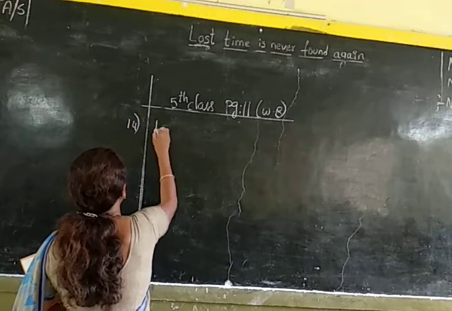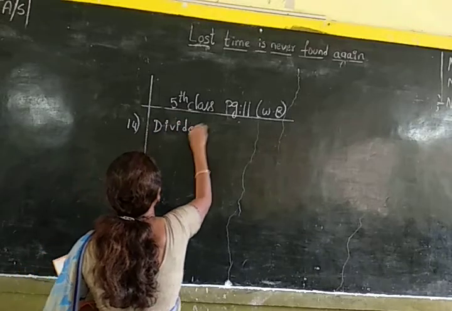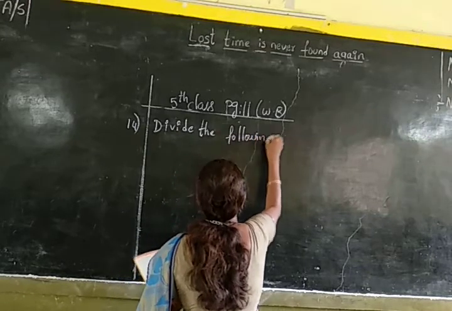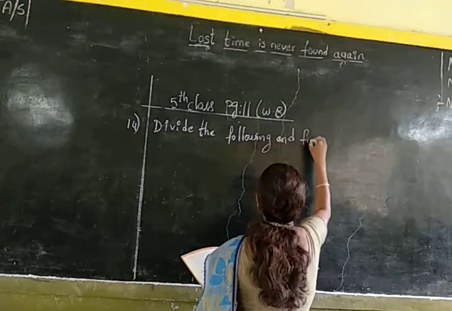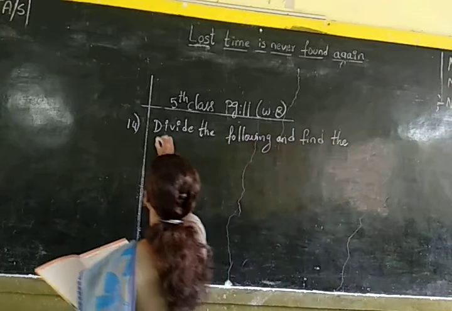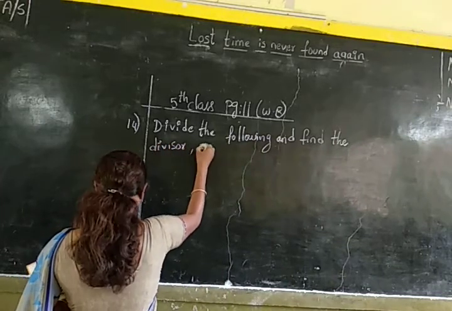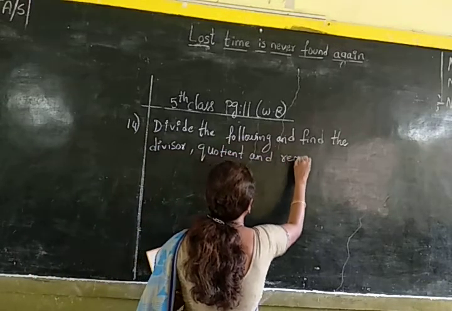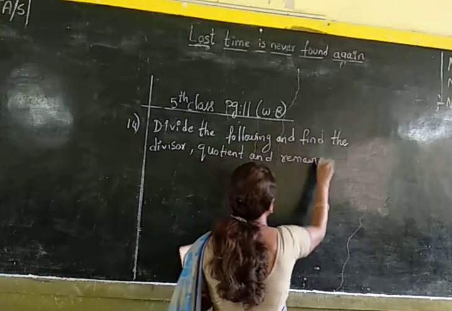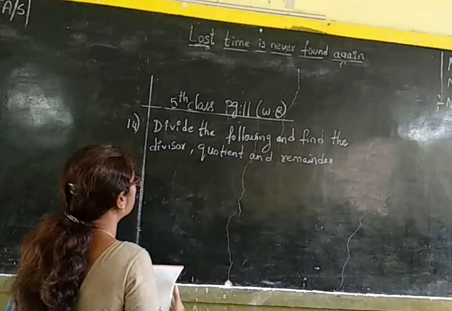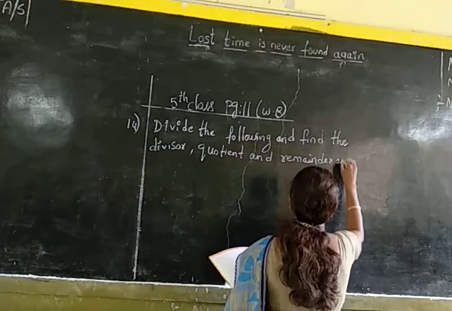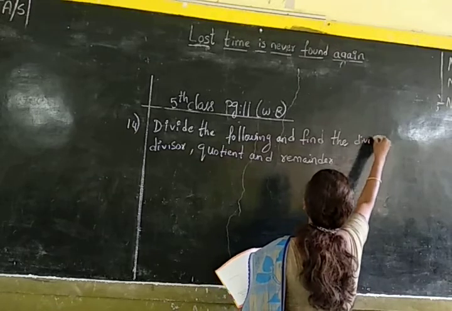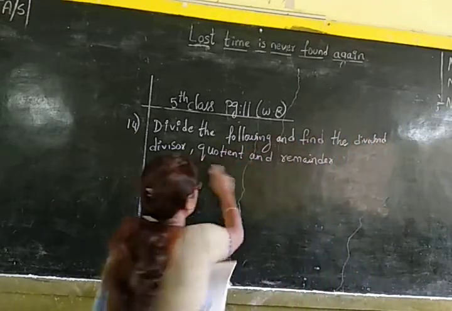So the 14th sum is: you have to divide the following and find the dividend, divisor, quotient and remainder.